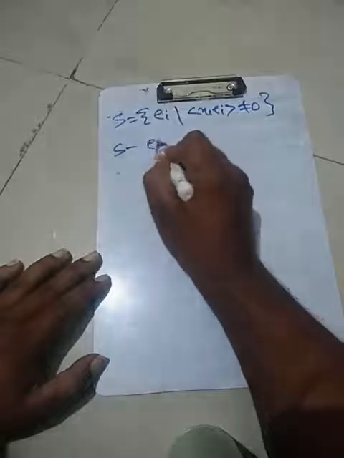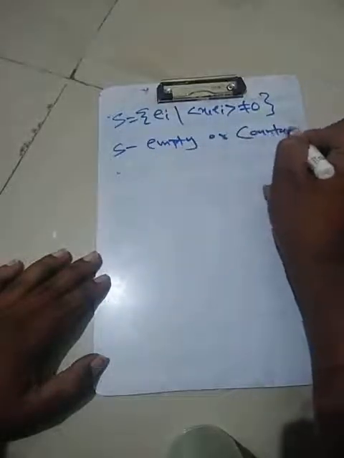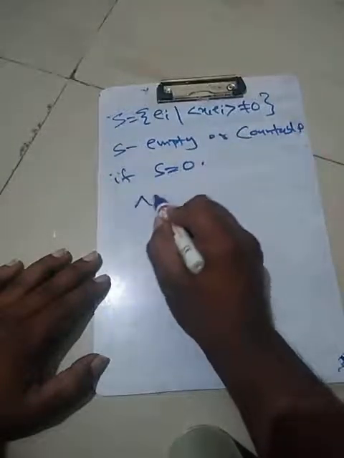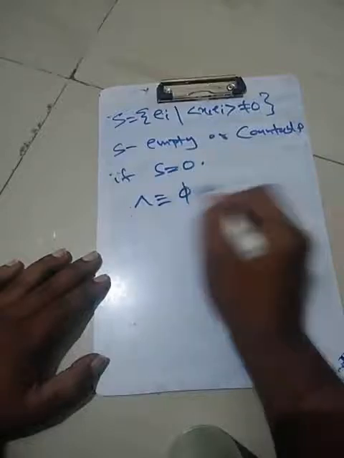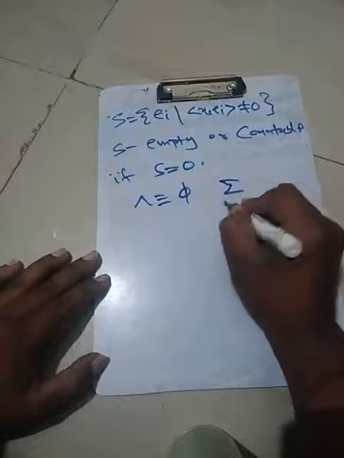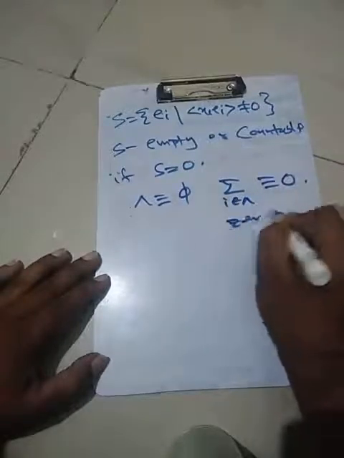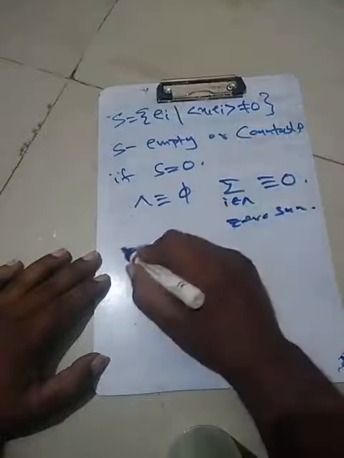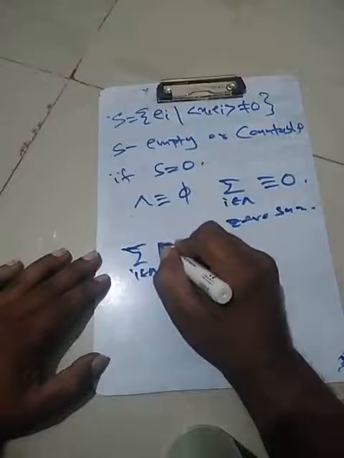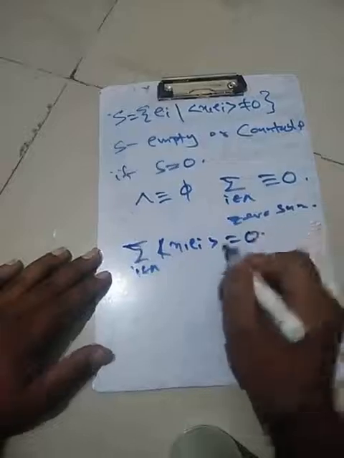S is either empty or countable. If S is empty, there is nothing in that case. There is no sum, so we can define this summation as zero.